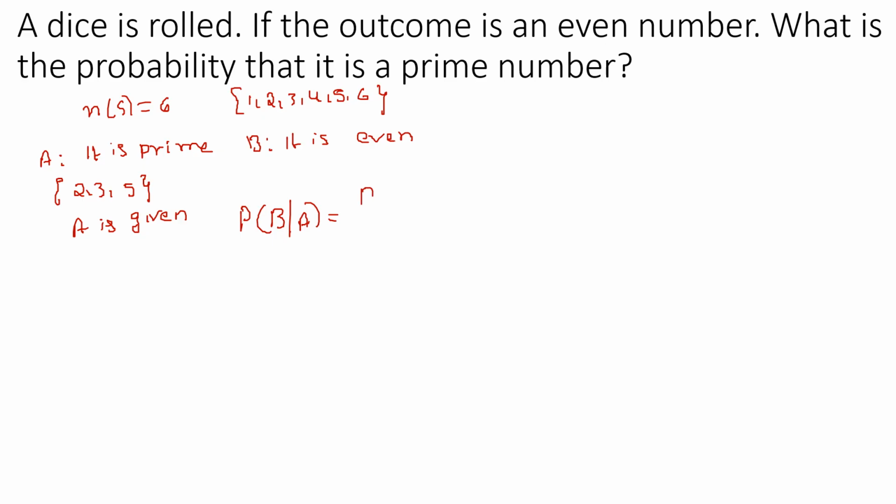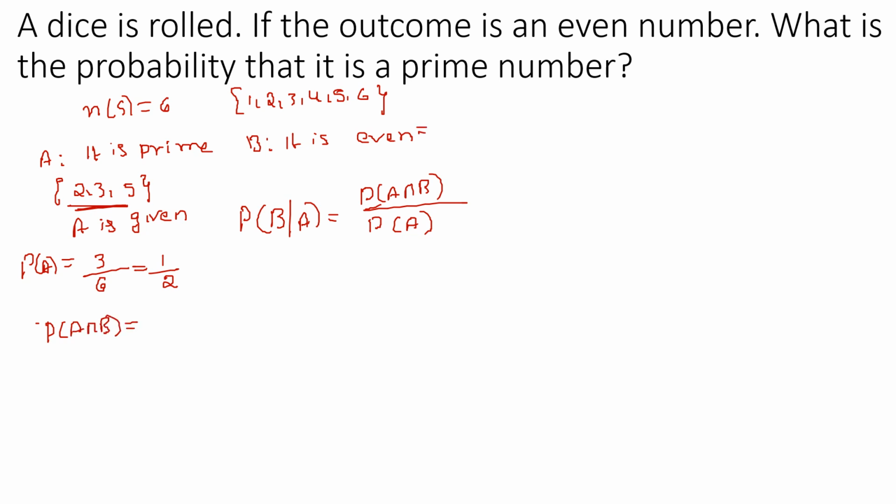So the formula is probability of A intersection B divided by probability of A. Here, there are 3 prime numbers out of 6, so probability of A will be equal to 3 divided by 6, or you can write 1 by 2. Now, probability of A intersection B. Here the even numbers are 2, 4, 6.